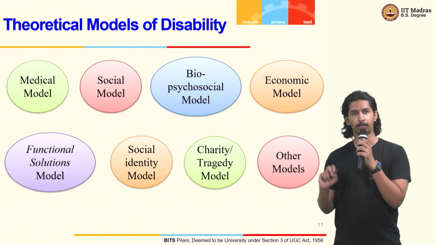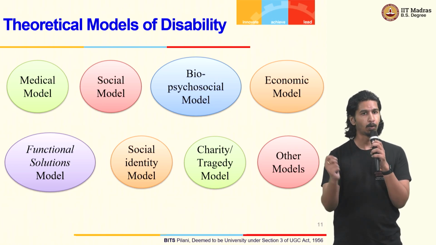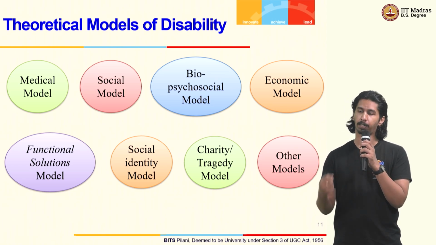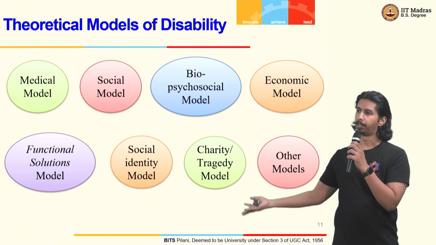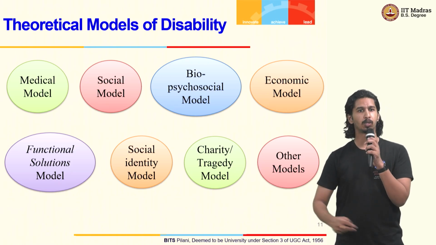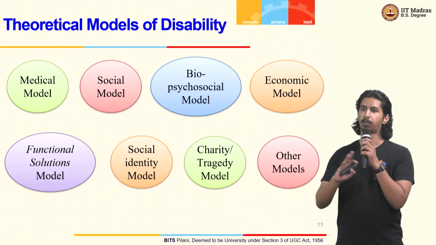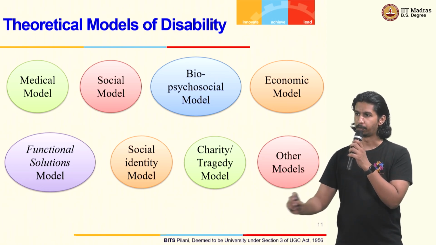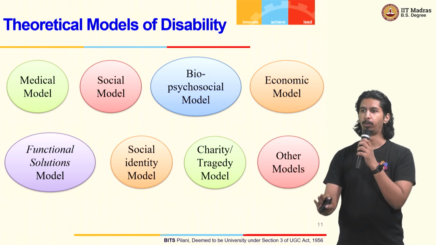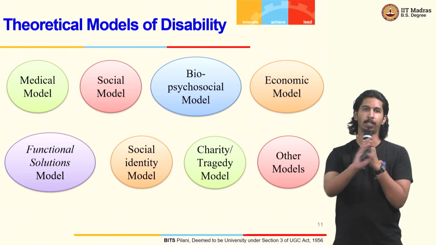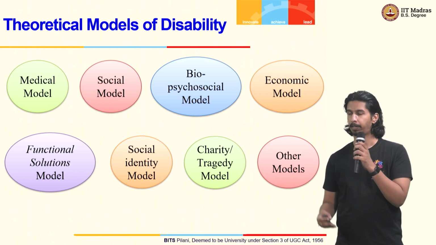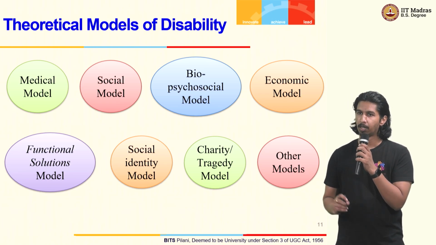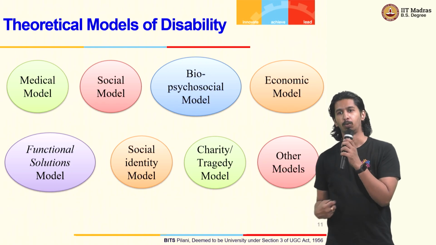The economic model is always concerned about the economy revolving around disabilities, right? At an individual level, at a family level, at a country level. The functional solutions model says that, you know what, let's not care about all these models. There's a problem that a person with disability is facing. Let's come up with some solution to bridge the gap. And then we have the other models like the identity and the charity model, right? So which one do you align most with?